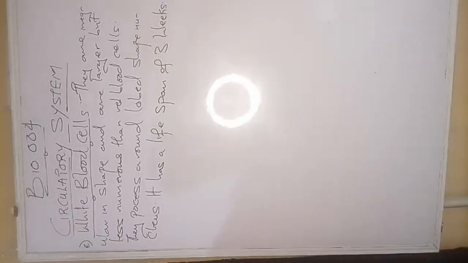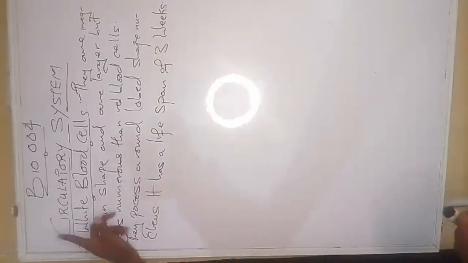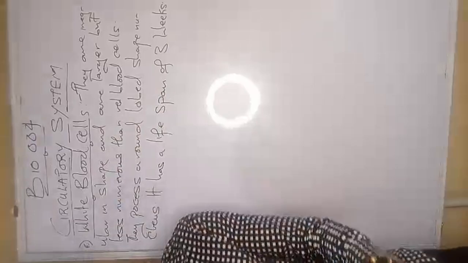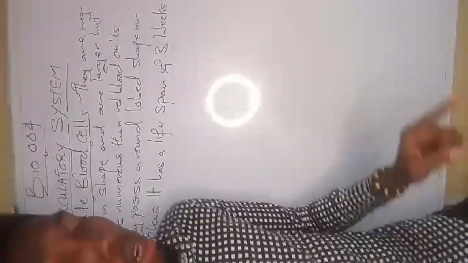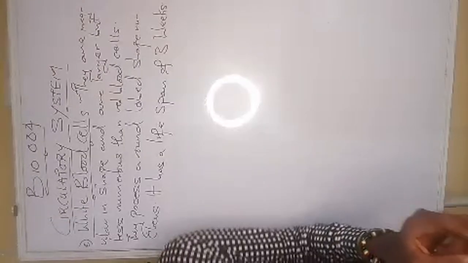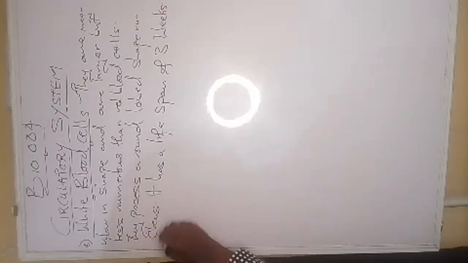And the question is, where are white blood cells produced? 3 places. They are produced from 3 places. Your red blood cells are produced from 1 place, but this one, they are produced from 3 places. They are produced from the bone marrow, from the lymph node, and also from the what? From the spleen.